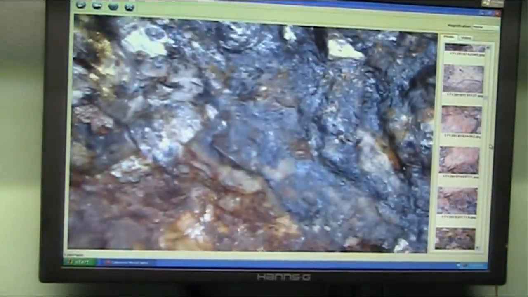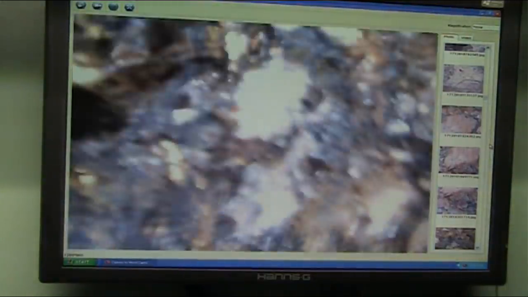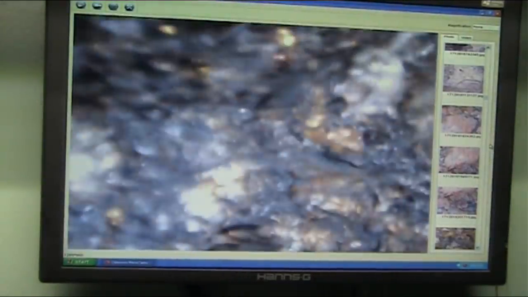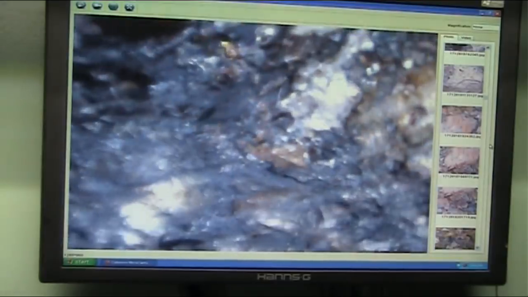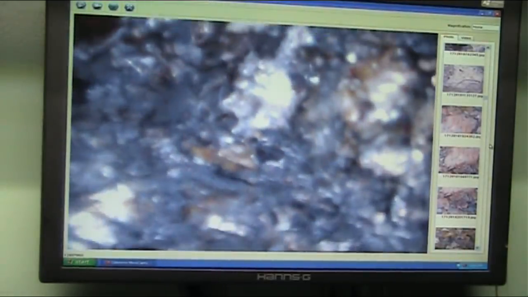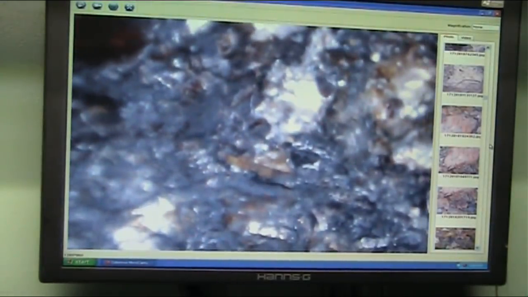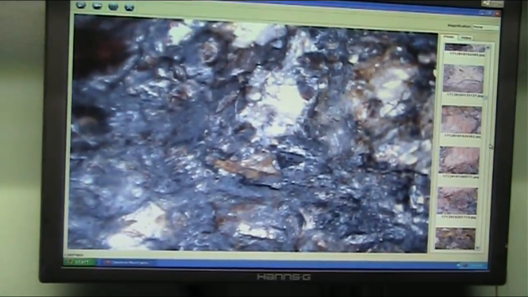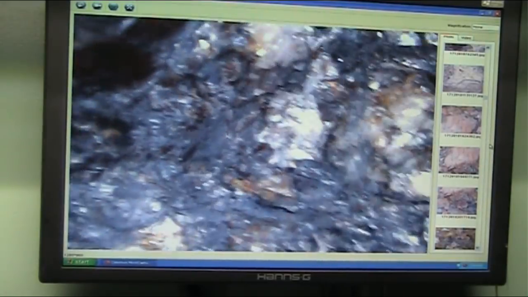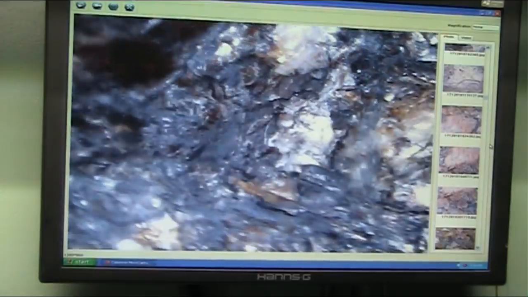This is real flashy. There's a lot of colors in it. See? Metals in this. You see how the colors flash and stuff.